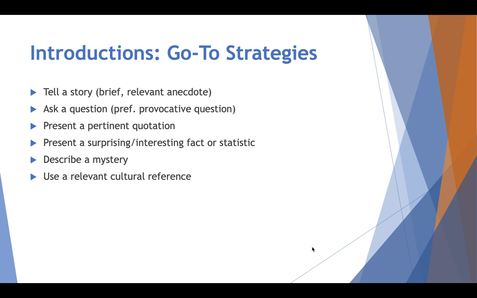You can use a relevant cultural reference. Again, you want to make sure that it doesn't feel out of nowhere or jarring when they move from there into the rest of your paper. But for example, if I were writing a paper on use of the insanity defense in America, obviously not for your personal narratives, but just in general, I might open by saying, seemingly every episode of Law & Order SVU contains someone pleading not guilty by reason of insanity or mental defect.